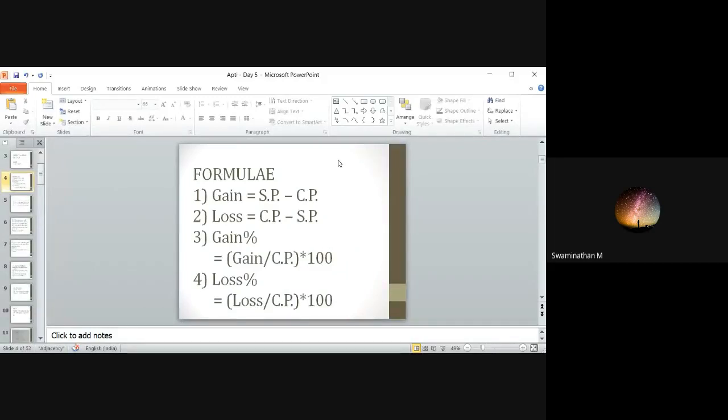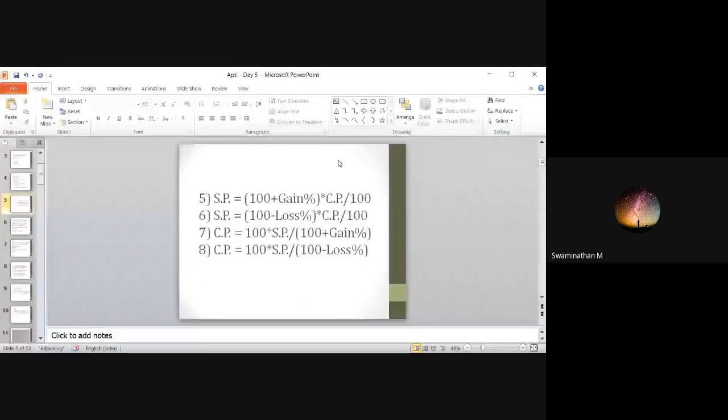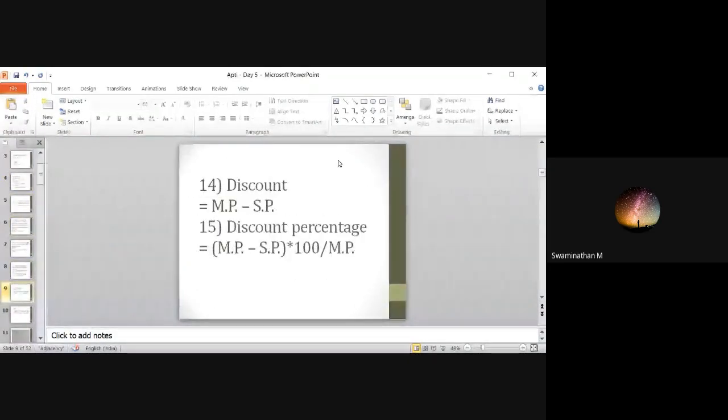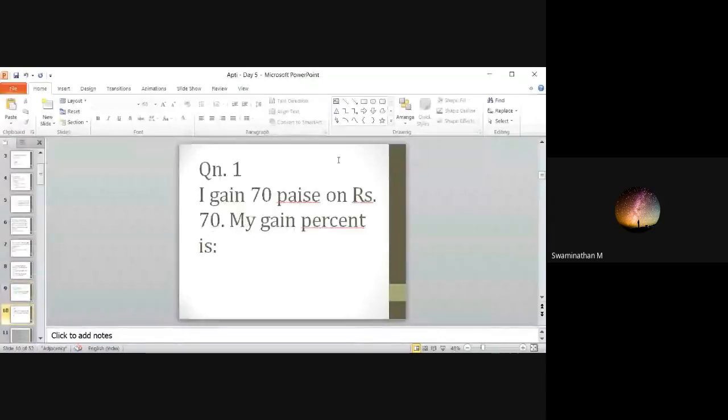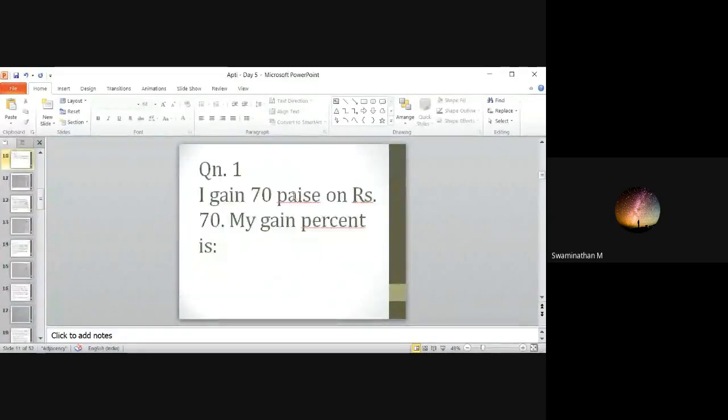Okay, we will see the answer. Profit is 70 paise, so 0.7 rupees. 70 paise, guys, is 0.7 rupees. 1 rupee is 100 paise.